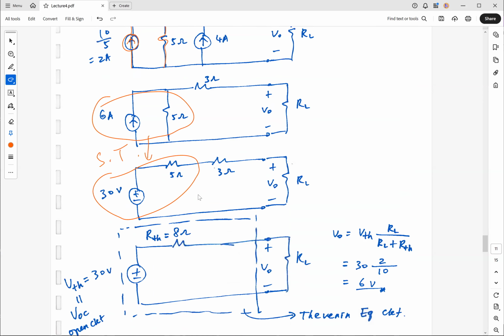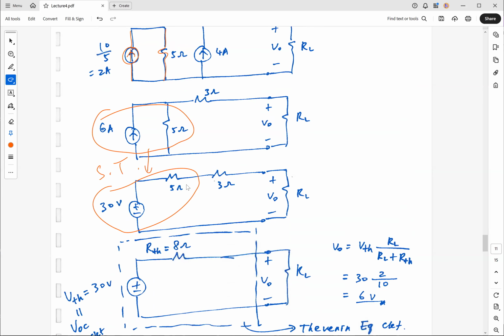All right, and then I do see another opportunity to combine the 5 and the 3, right? So 5 and 3 in series, so I can make it into 8 ohm, okay? So 8 ohm resistor, and this is 30 volts, okay? So one voltage source with 2 resistors. That's the perfect setting for me to use voltage division, right? Perfect setup, right? Because if I ask you to find V out, right?